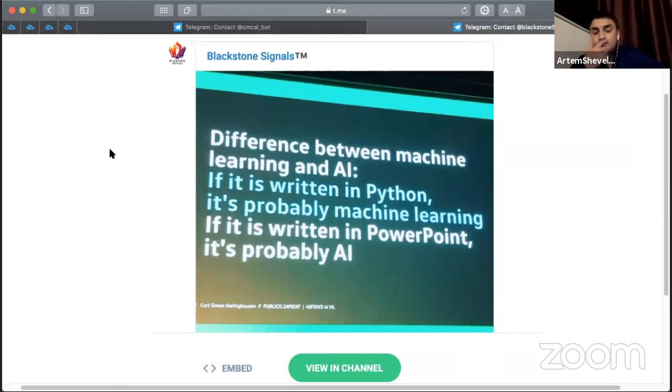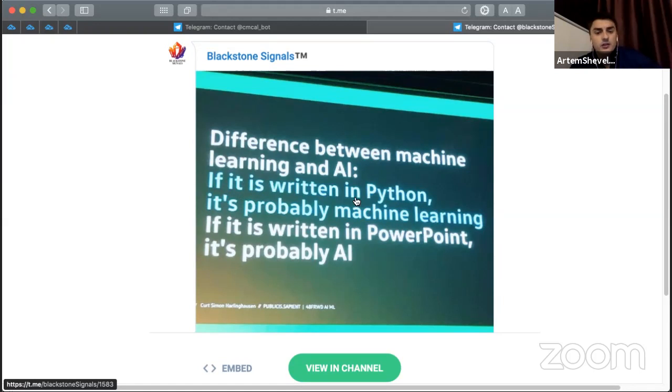And you can see I just opened the photo from some PowerPoint presentation, and you can see what is written here. Difference between machine learning and AI.